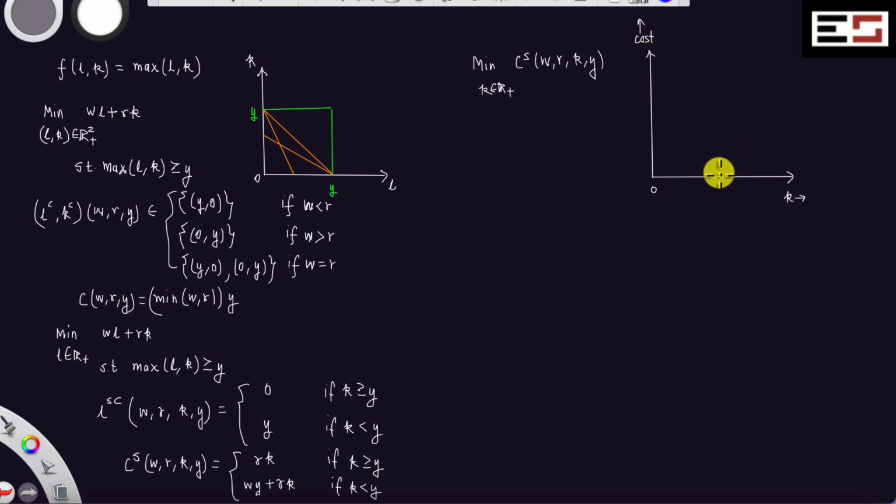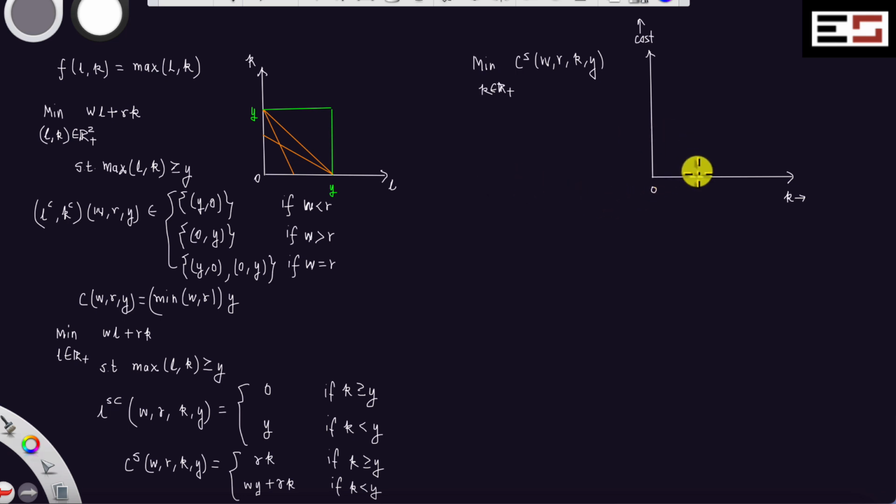Okay, so now let us plot the short run cost. So notice that this is the short run cost function. So this is what we are going to plot now, and this is what we want to minimize, right? So let's just plot this, and let's see where this function is going to take the smallest possible value.